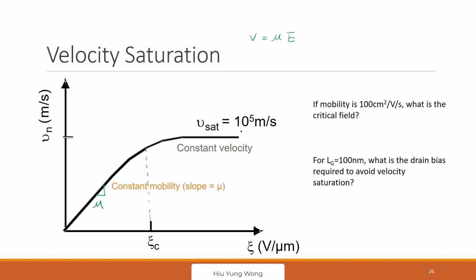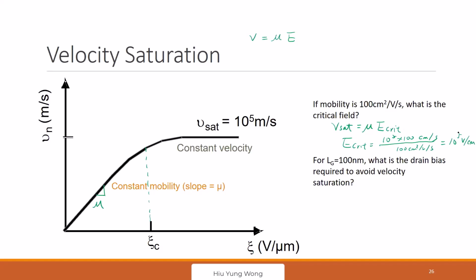Okay, so what is the critical electric field? We say that at saturation velocity, your velocity is mu times E, right? So this is the critical electric field. So this is the point, it is what? 10 to the power 5, but I am going to multiply this by 100, so it becomes cm per second, divided by the mobility, 100 cm square per V per s, which is 10 to the power 5 volt per cm.